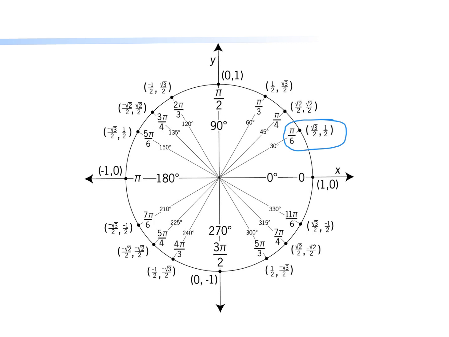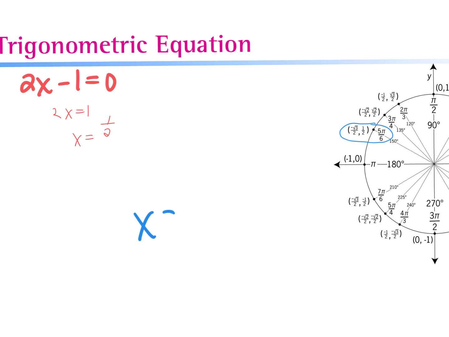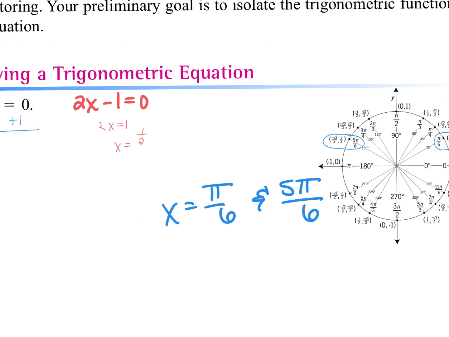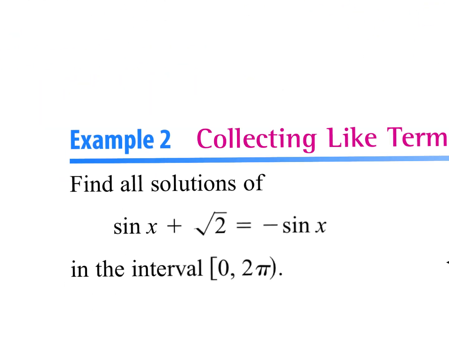So pi over 6, and there's your answers. That's it. So you would tell me x equals pi over 6 and 5 pi over 6. So you're going to solve the equation, find the answer on the unit circle, and write it down. It does not get much harder than that. I promise you. All right, let's look at the next one.